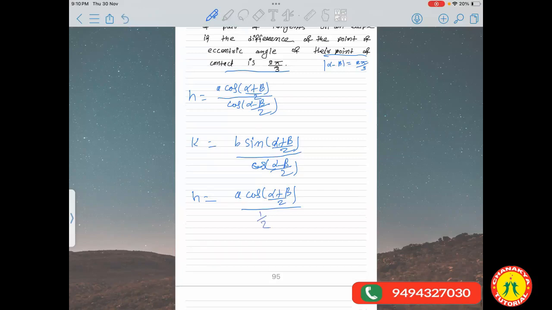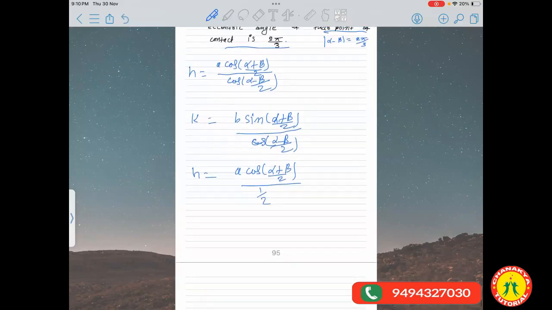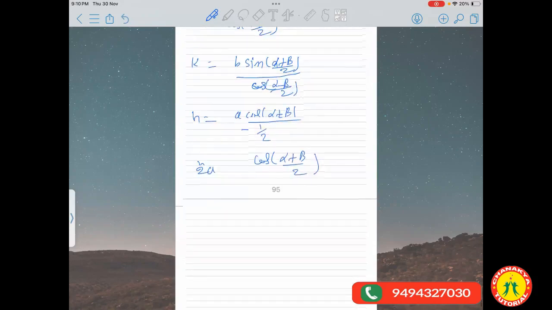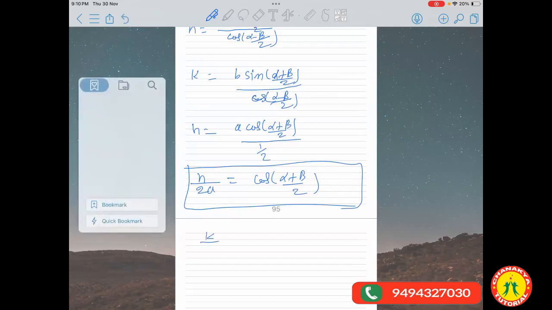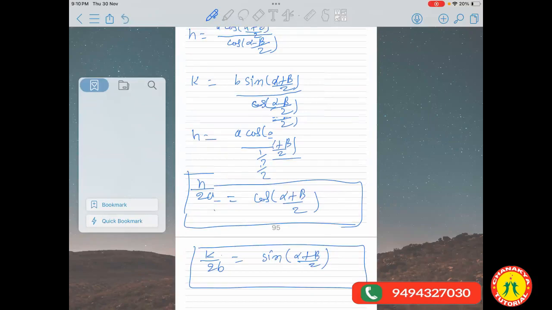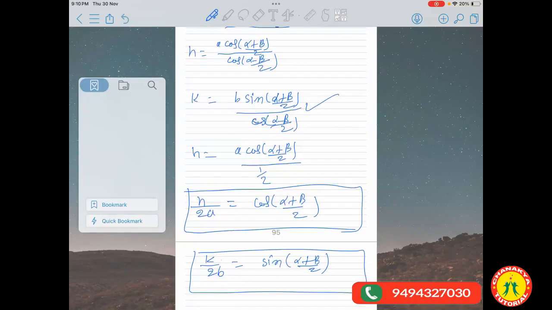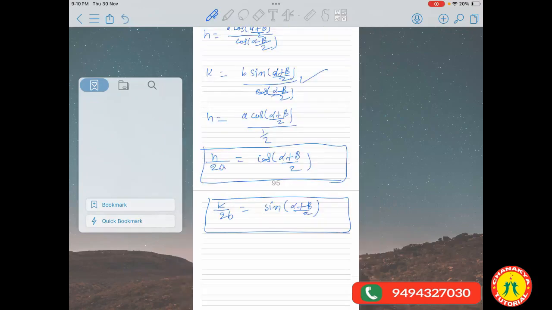So h by 2a is equal to cos((alpha plus beta)/2). Similarly we get k by 2b is equal to sin((alpha plus beta)/2).